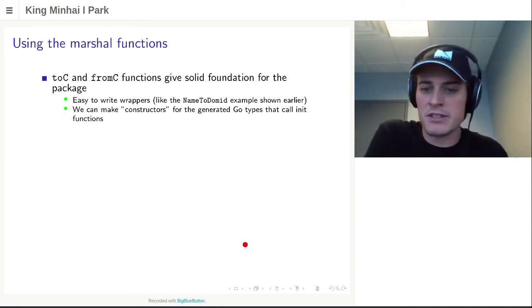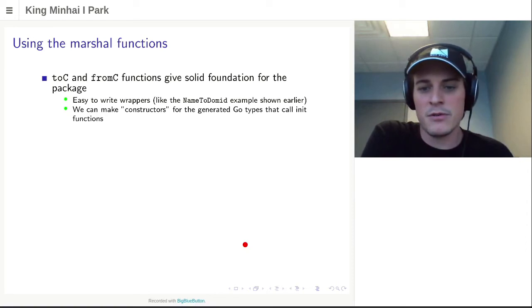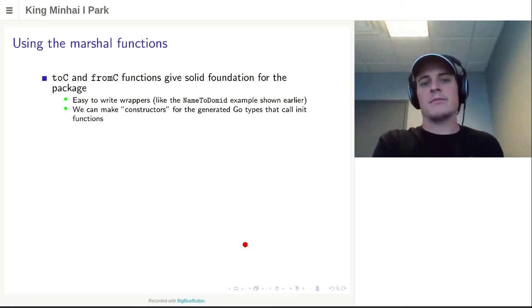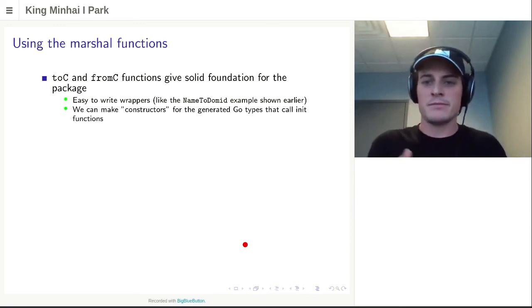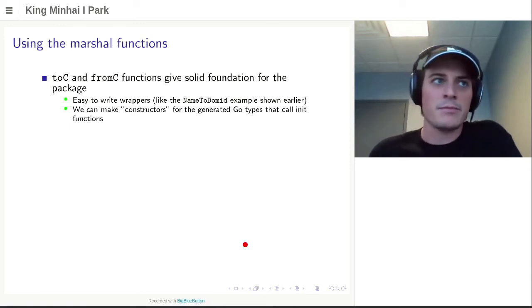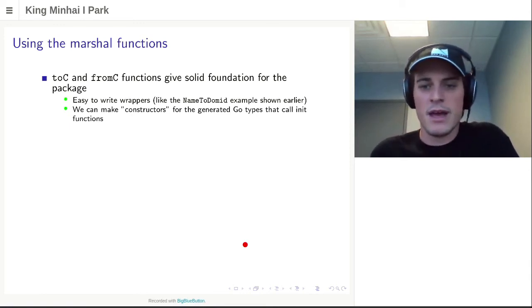And what these functions give us is a good foundation for the package in order to generate wrappers. It makes it very easy because it gives us a good way to work with CGO in a way that is basically just like writing C code, because we have all of these marshalling functions.